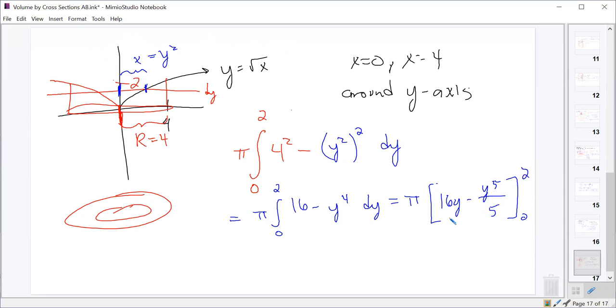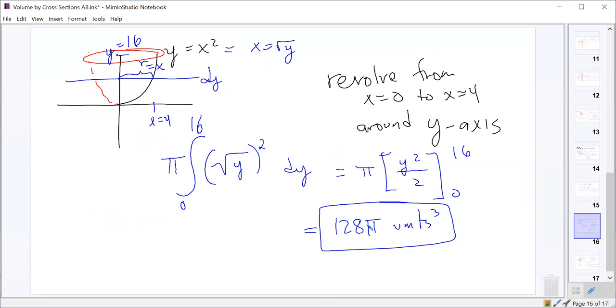Plugging in 0 is easy, becomes 0, right? So it's just pi times 32 minus 32 fifths. And 32, if I write that with fifths, should be 160. 160 minus 32 ought to be 128 pi over 5, which we'll note is similar to the last.